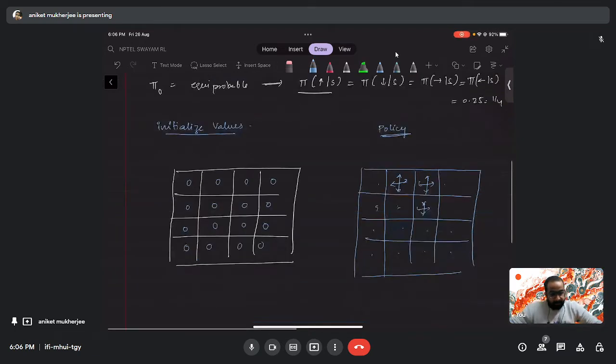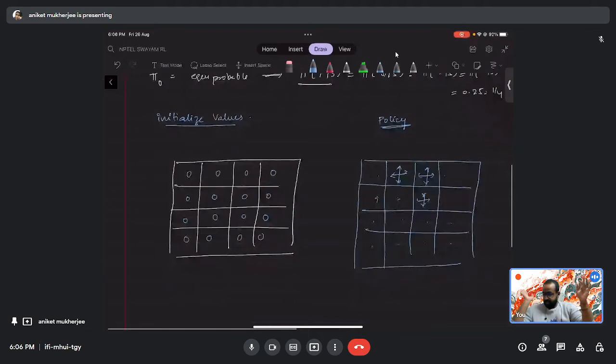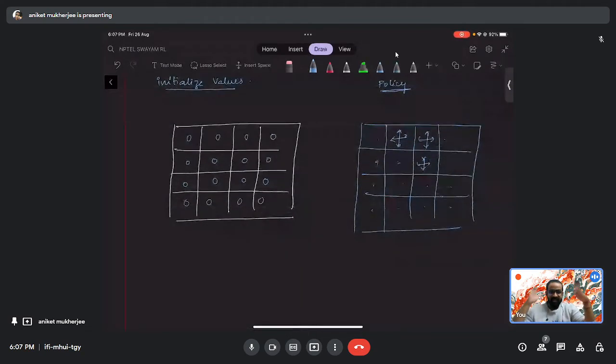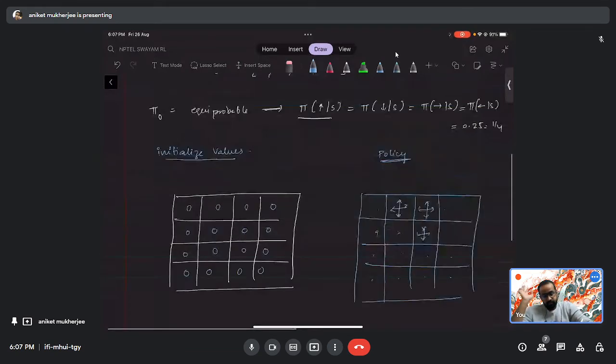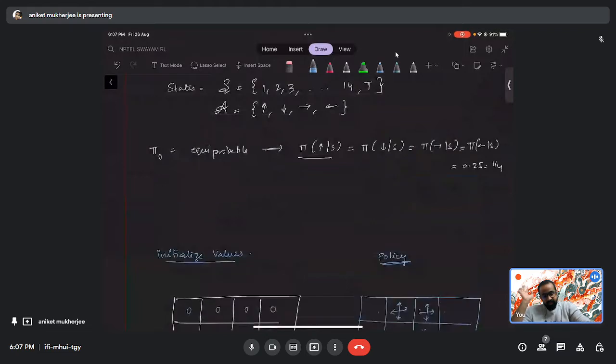Now the reward structure. For any action on any state other than terminal, the reward, or penalty, is -1.